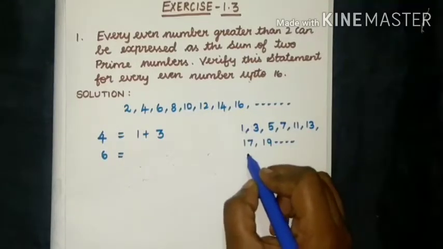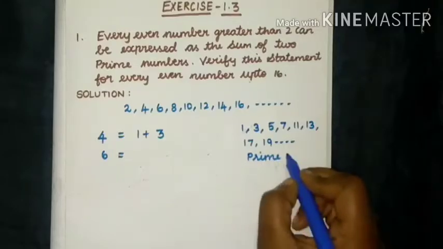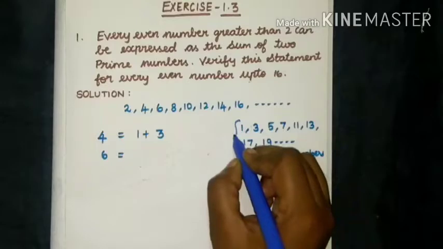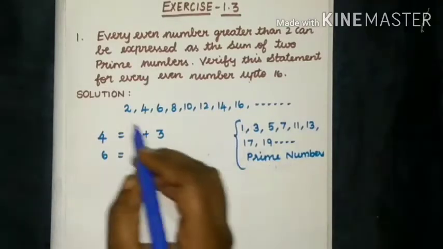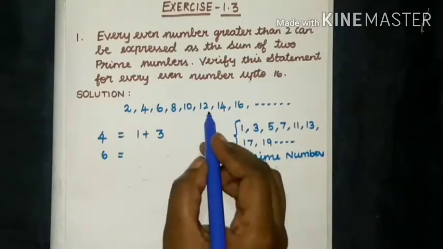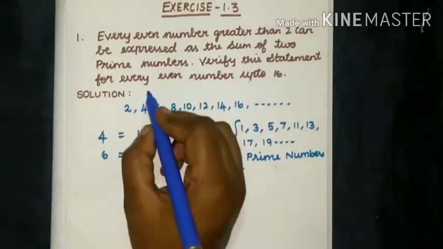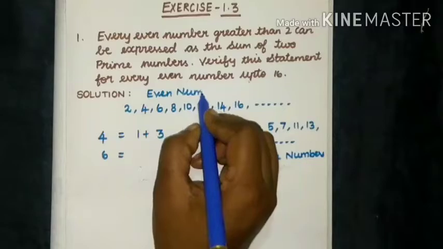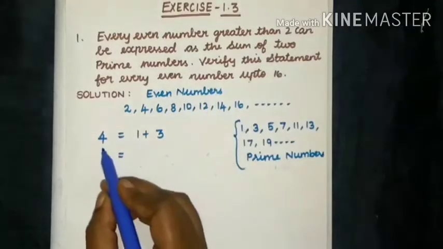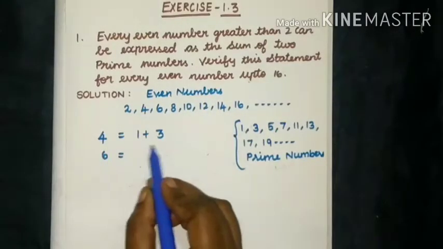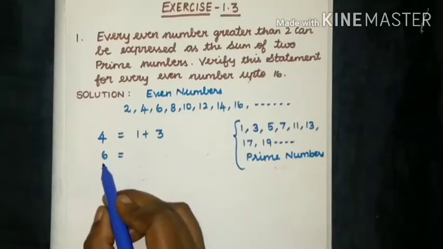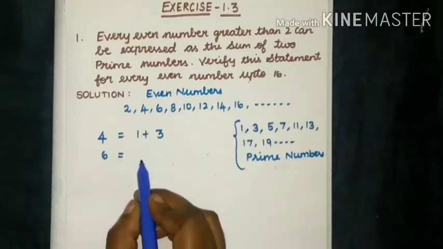These are called prime numbers. 2, 4, 6, 8, 10, 12, 14, 16 and it goes on. These are called even numbers. You have to express 4 as a sum of 2 primes. Then you have to express the number 6 as the sum of 2 primes.